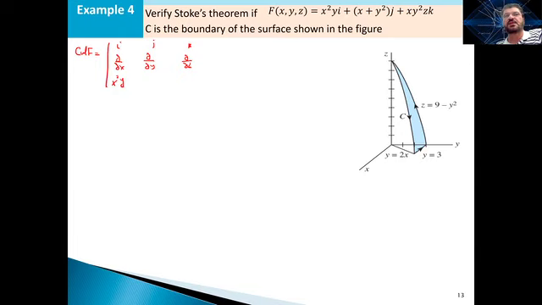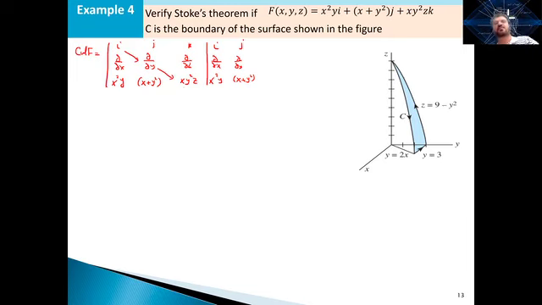The second one is x plus y squared. The last one is xy squared z. We take the first column out, and x squared y. We take the second column, d over dy, and x plus y squared.